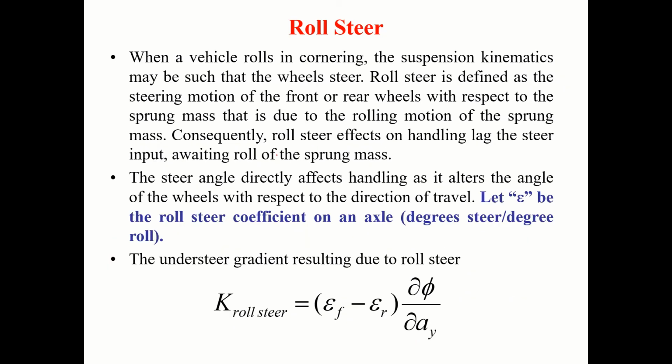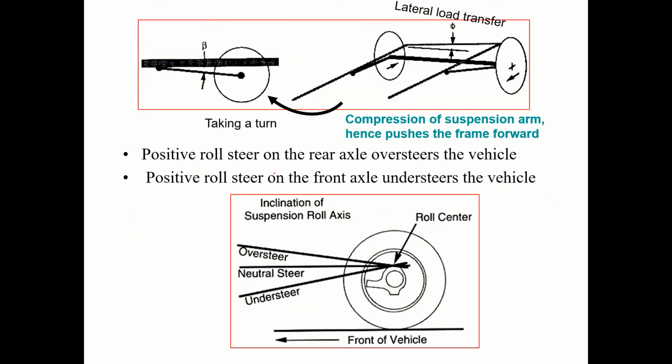Roll steer. So let me explain the figure here. You consider the frame of the vehicle like this. Yesterday I was talking about trailing arm suspension. It can be considered as a trailing arm.